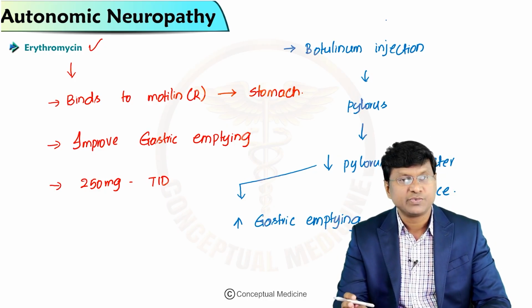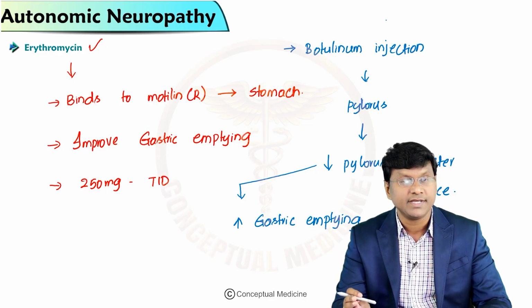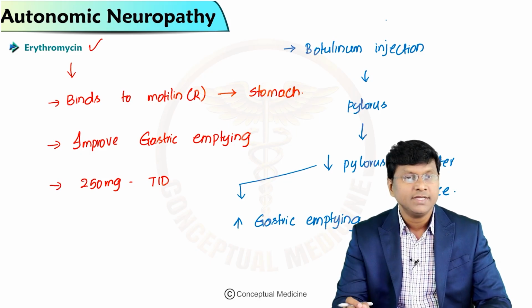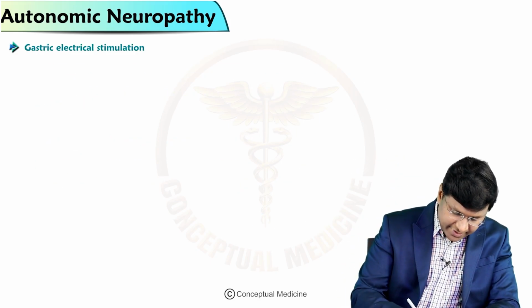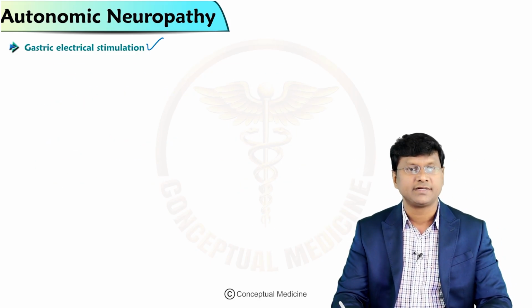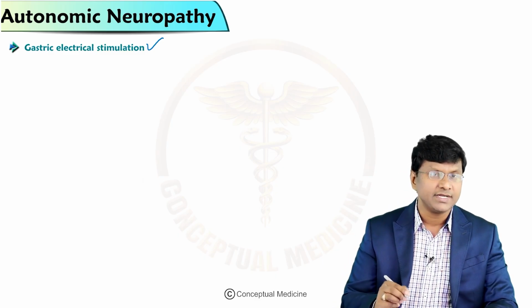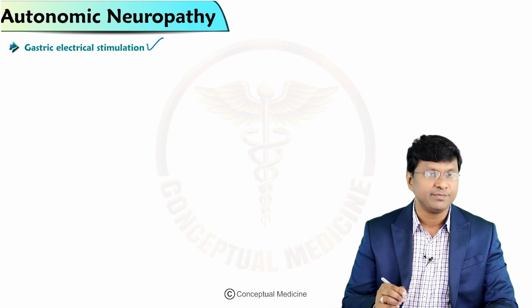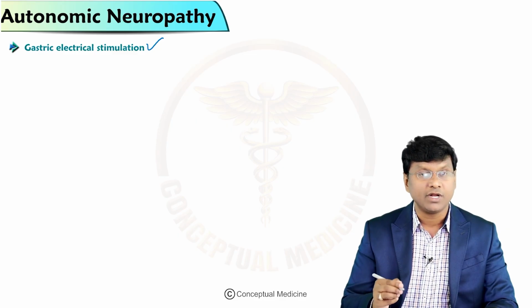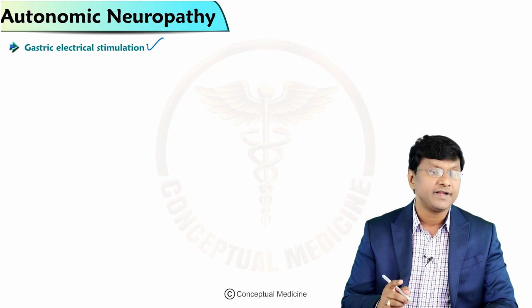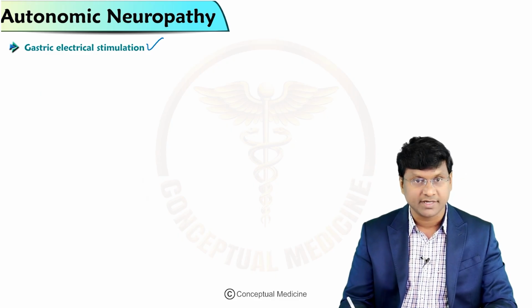So the drugs which will improve the gastrointestinal motility are metoclopramide, erythromycin, as well as the injections of the botulinum toxin. And if you take an intervention, we have an intervention called gastric electrical stimulation. Gastric electrical stimulation has been reported to improve the symptoms and quality of life indices in patients with gastroparesis refractory to pharmacological therapy.